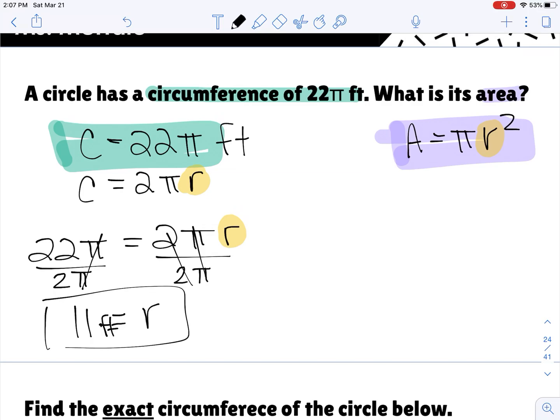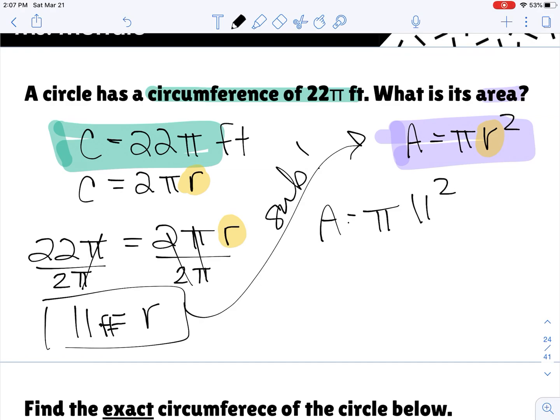Now, knowing that this is 11, we can go ahead and substitute. So the area would equal pi times the radius squared. It doesn't tell us if they want us to round or not, so you can give answers in both ways if you wish. So 11 squared is 121. So we have 121 pi, and the units would be feet squared because we're talking about area.